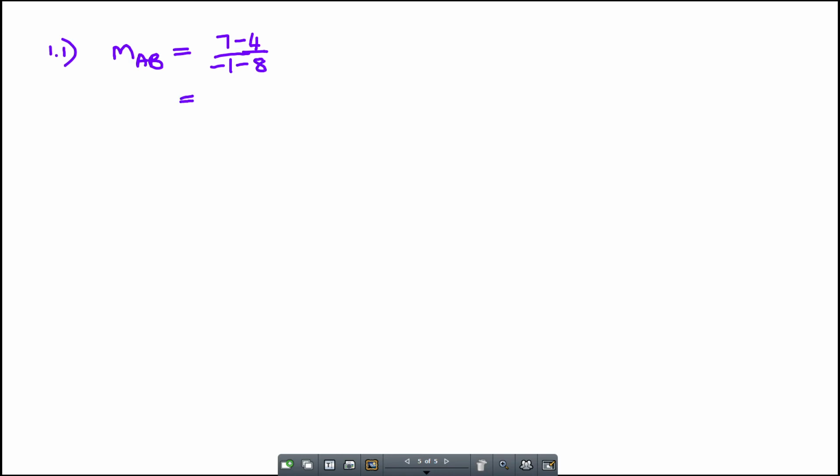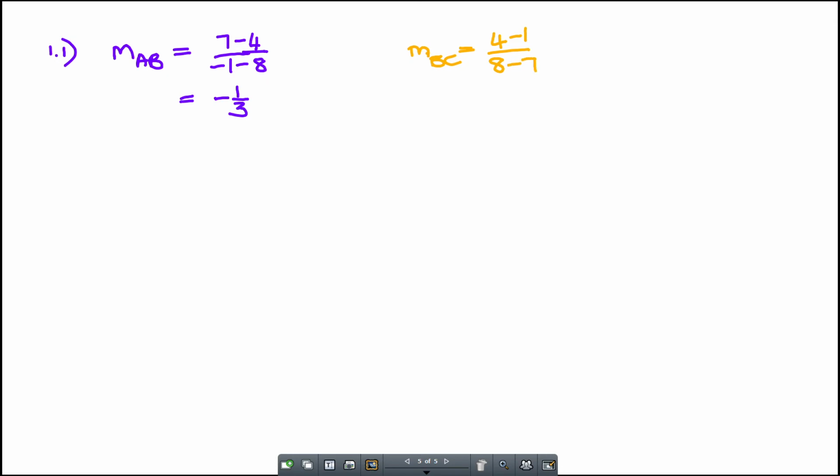And that's going to give me minus a third. Right, then the gradient of BC will be difference in y, so 4 minus 1, over difference in x, 8 minus 7.